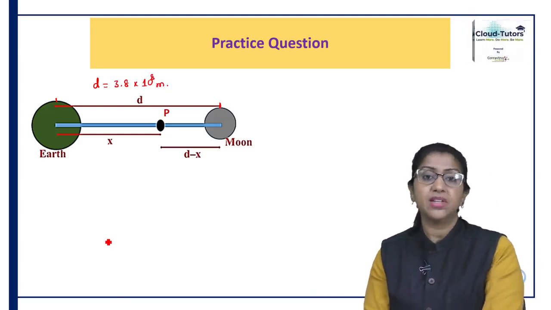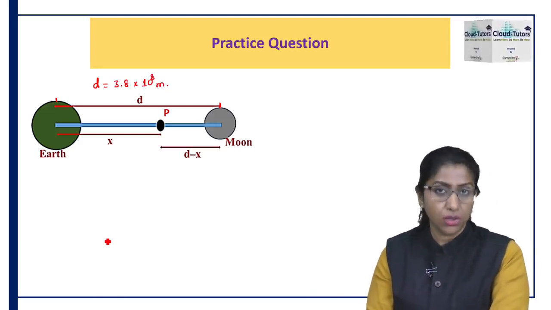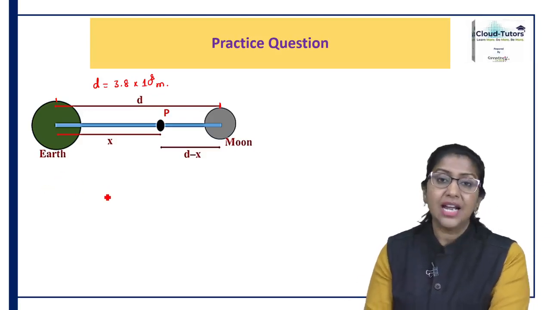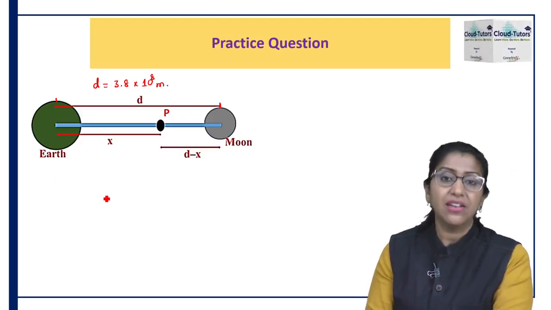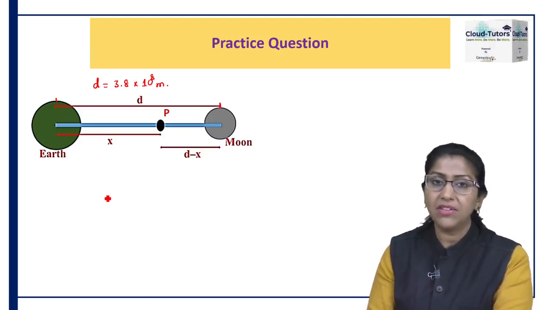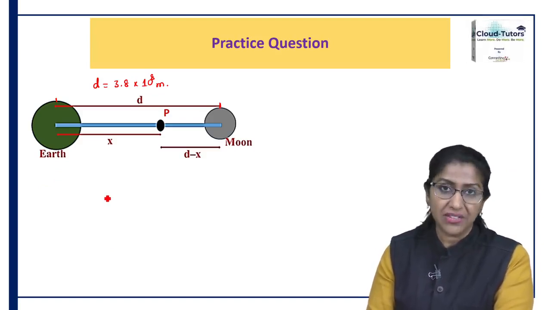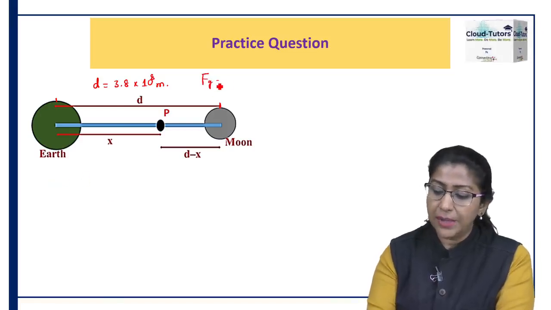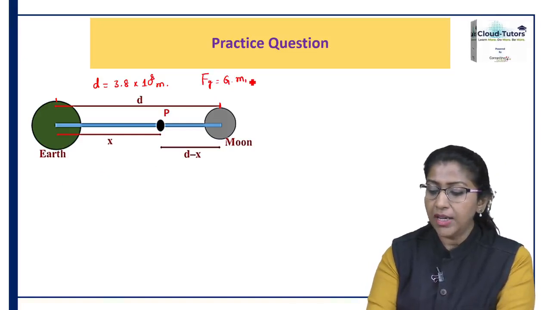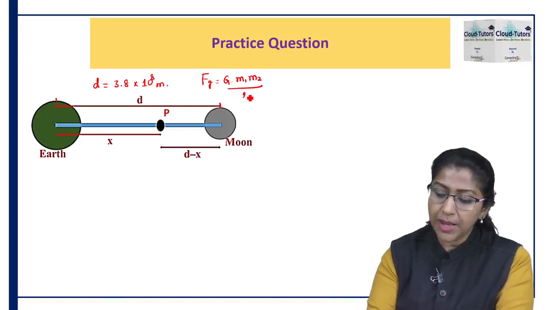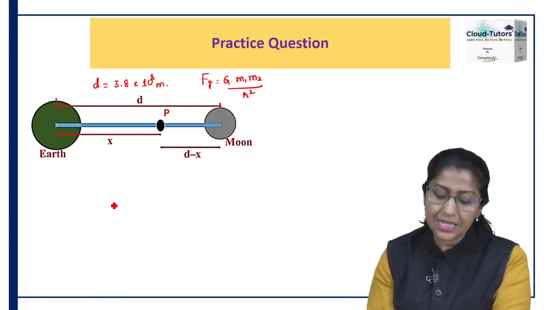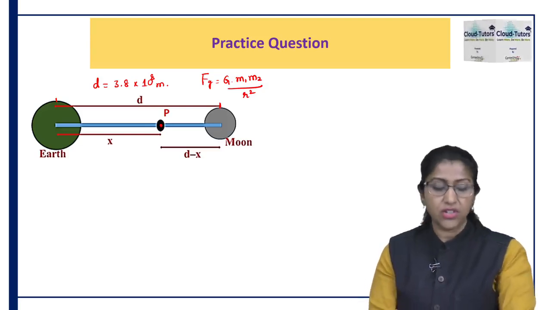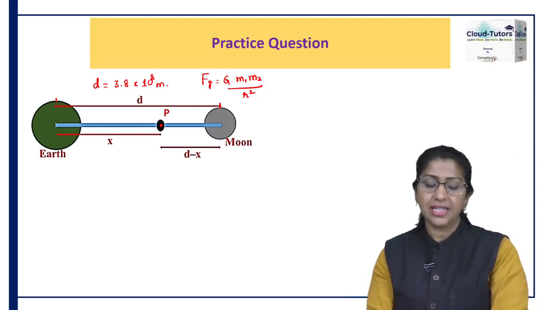Always try to keep the units in SI units. Now, we know that the gravitational force of attraction is given by the Universal Law of Gravitation. So what is the equation? Fg is equal to G m1 m2 divided by r square. In this case, for this point, how do we write this?